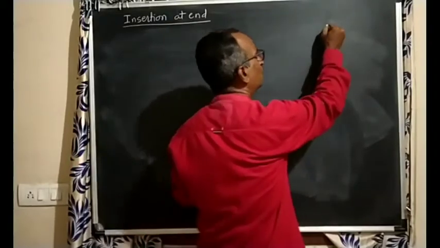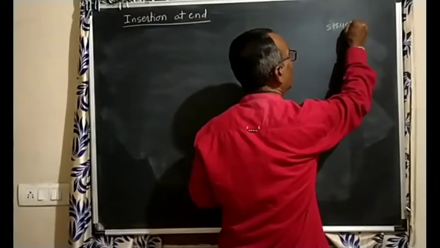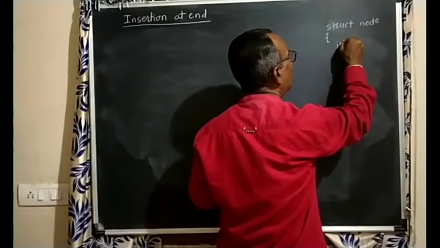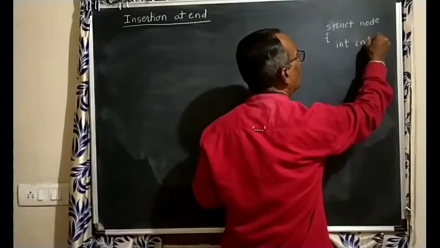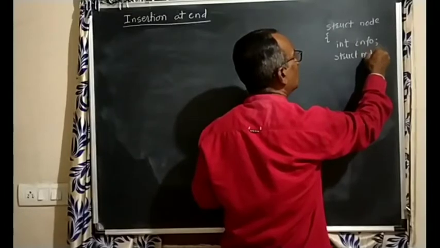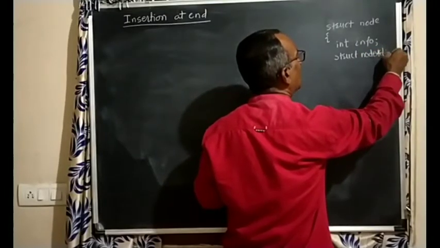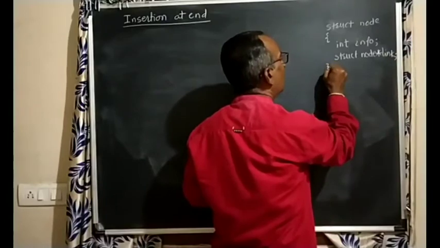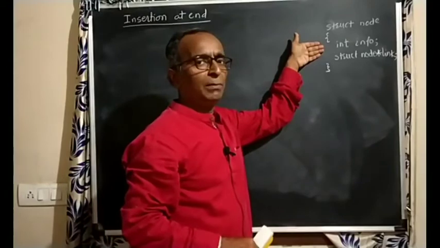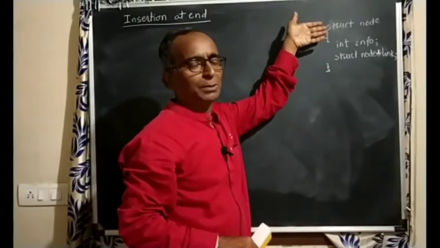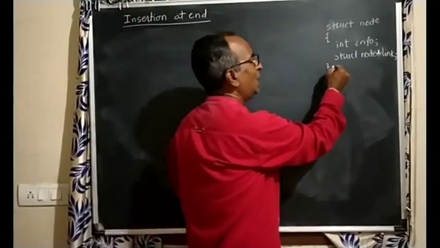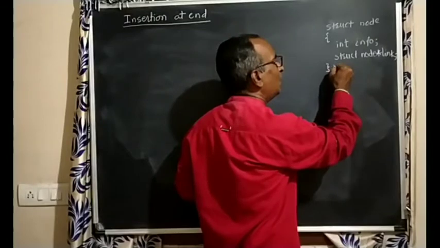So assume my struct node, whatever I am declaring, int info, then struct node star link. Always, whenever you write a program, this will be given before all the functions, so that this type you can access anywhere.